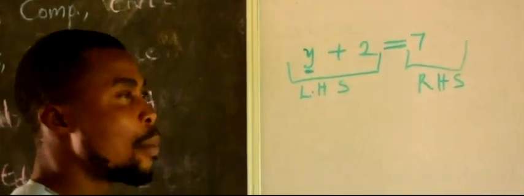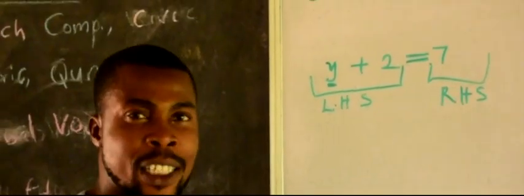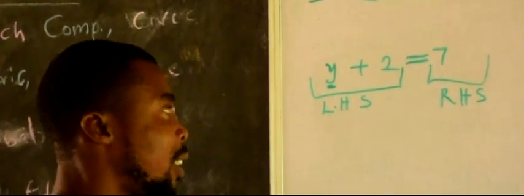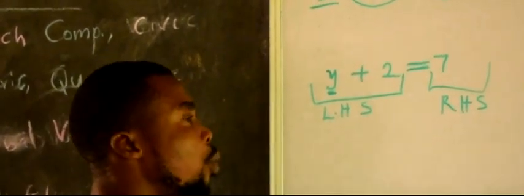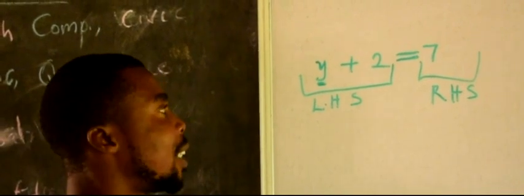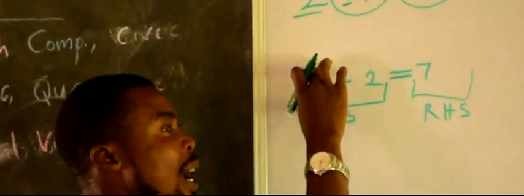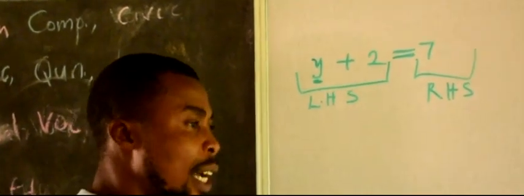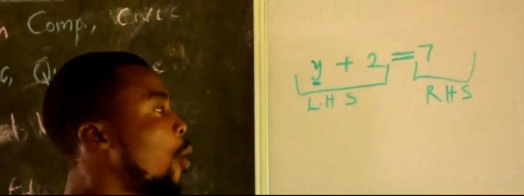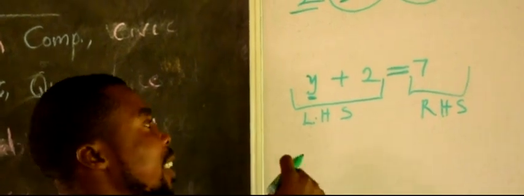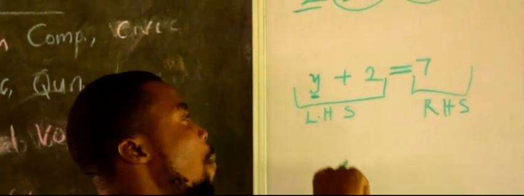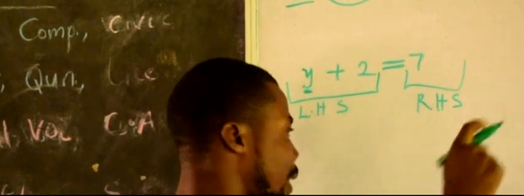When you want to solve a simple equation like this, you must bear it in mind that you are looking for a missing letter. The missing letter must be on your left hand side, must remain on your left hand side, and the other numbers must go to the right hand side.